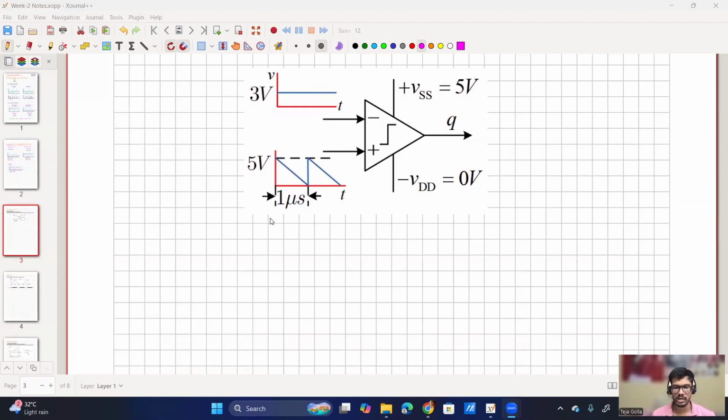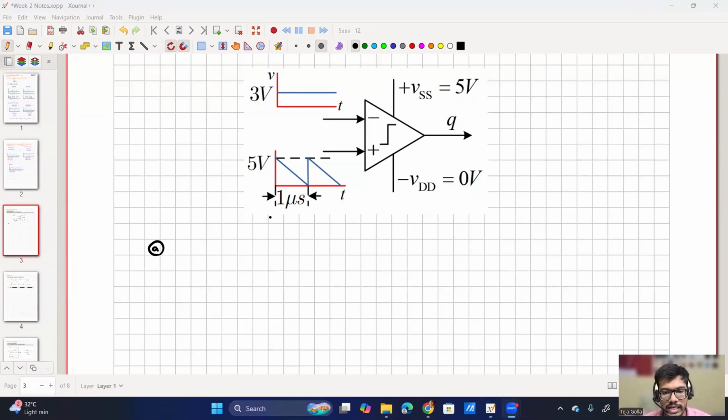Before we start, can anyone tell me whether it is trailing edge or leading edge? When we are talking trailing or leading edge, we are talking about the edge. You check whether the edge is leading or trailing.